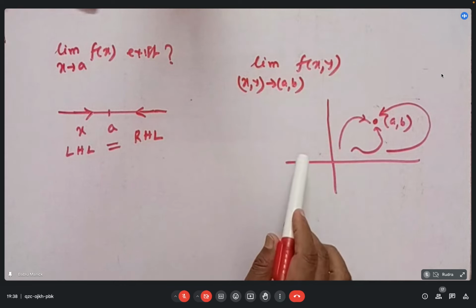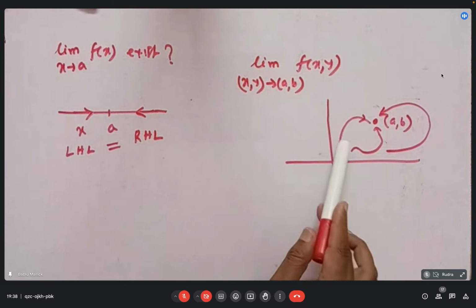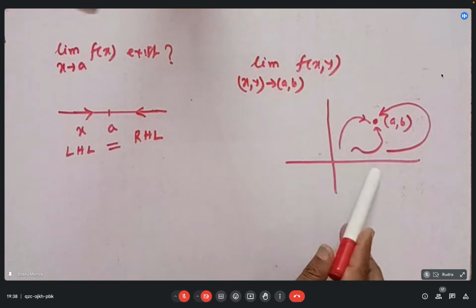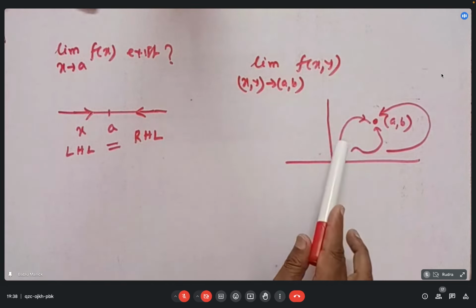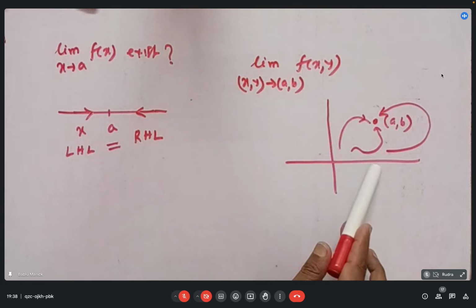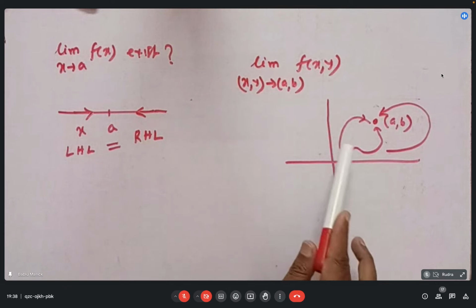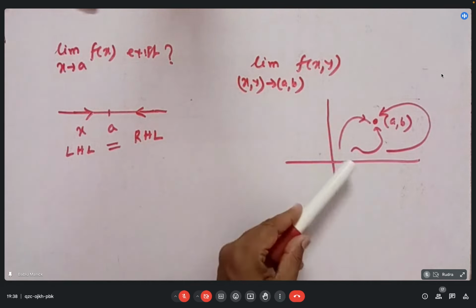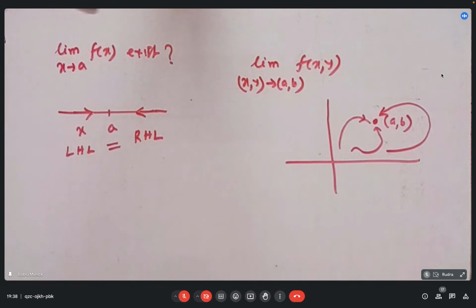Just take two arbitrary paths. If for these two paths limits are different, then we shall say that limit does not exist. But if for two paths limits are same, then what will you say? Limit may or may not exist.